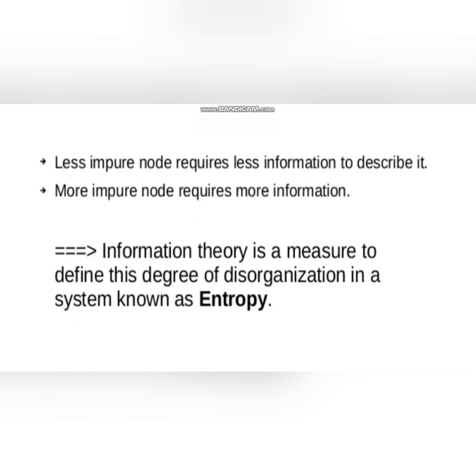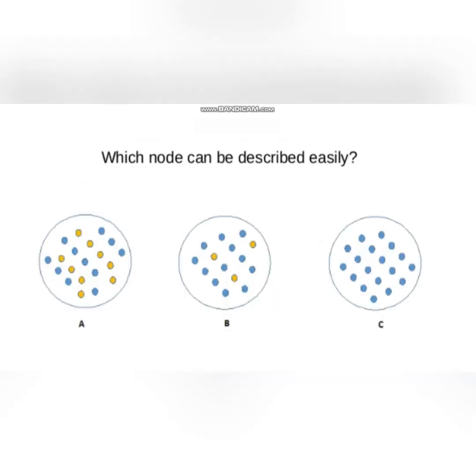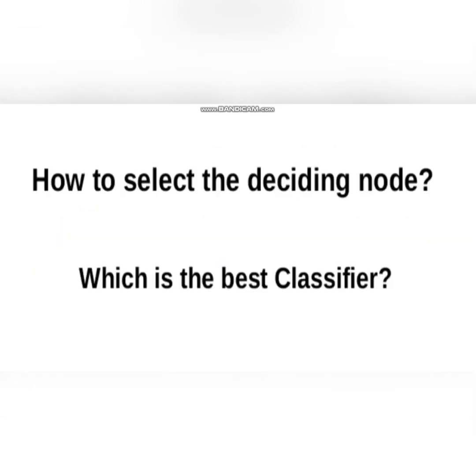Information gain is a measure to define the degree of disorganization in a system known as entropy. Entropy is zero if all members of S belong to the same class. We have seen in the previous PPT class C's entropy is zero as it contains nodes from only one class.